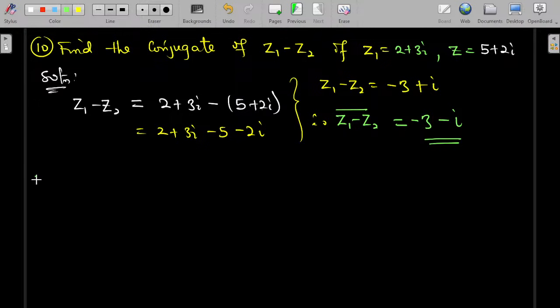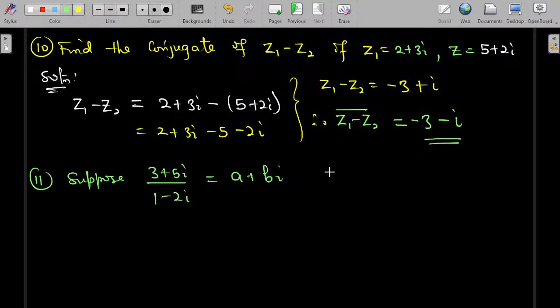And then we go over to the next, which is 11. 11 says, suppose 3 plus 5i all over 1 minus 2i is equal to a plus bi. We are to find a and b.